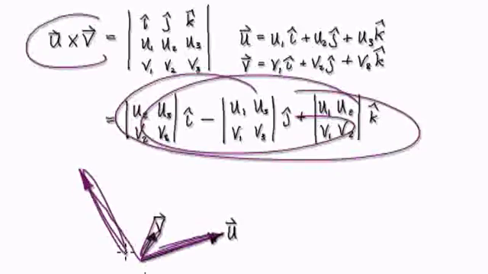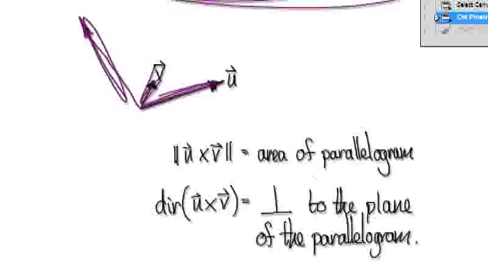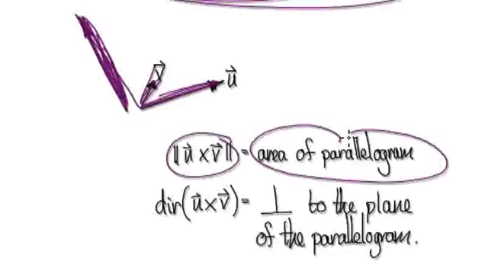This thing here represents this, and then the magnitude of this would represent the area of the parallelogram.